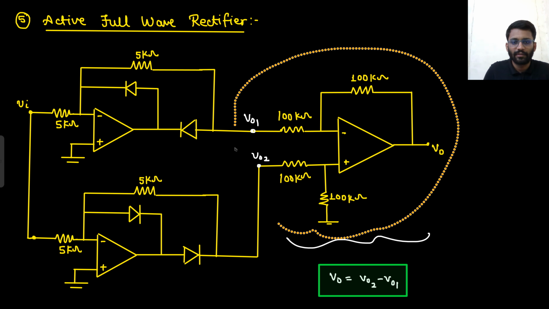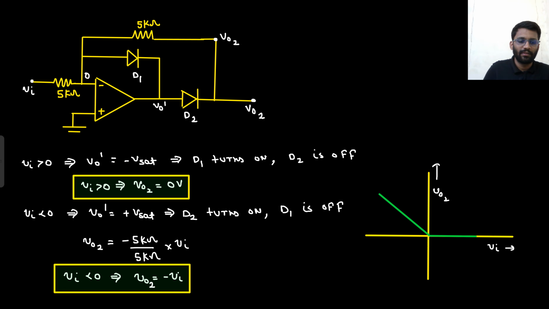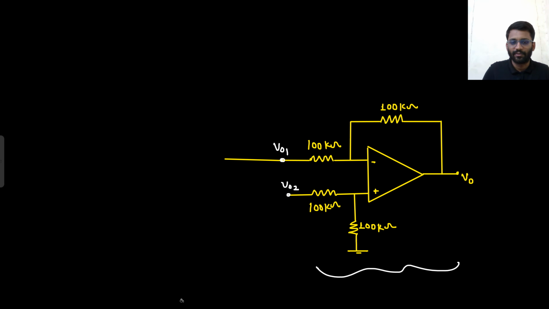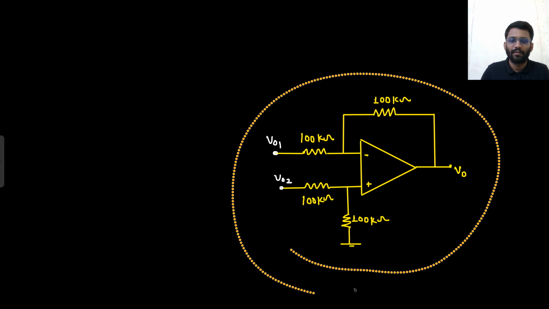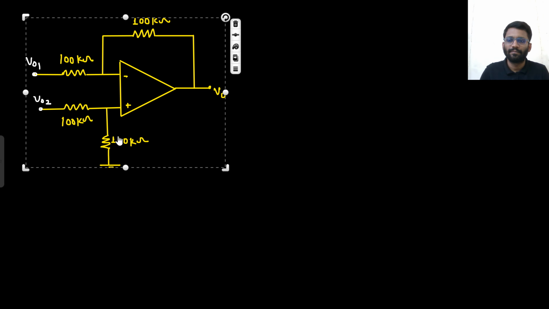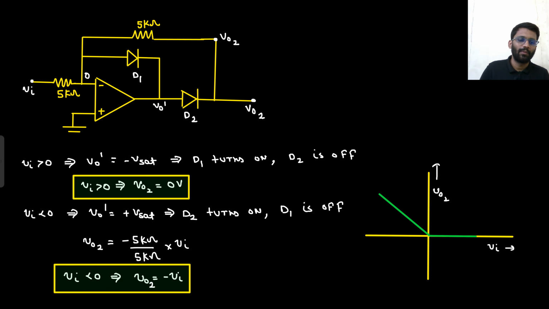So let's copy this. You need to draw the transfer characteristics only. Let's add one more page. Too many pages we are adding. So here we are copying the final circuitry. What was your output? V02 minus V01. This was your V02.